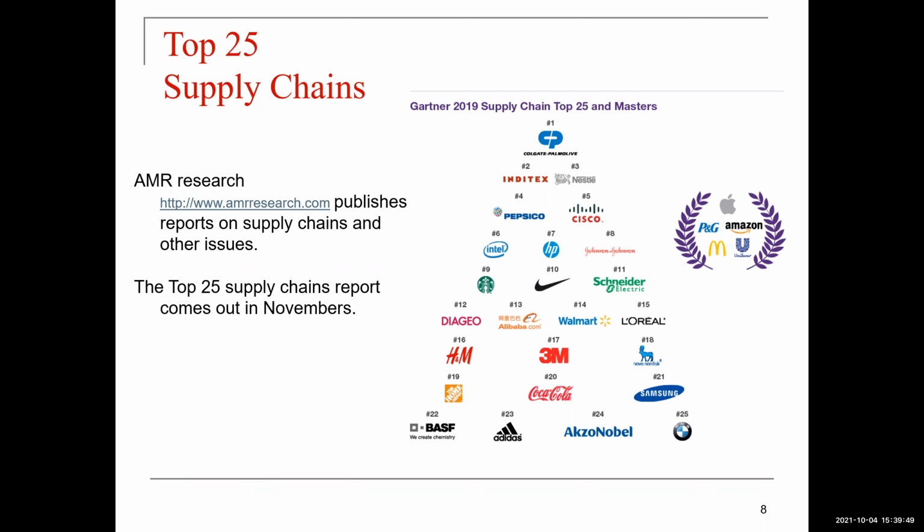So most of them are companies that we are familiar with. These are in terms of the best performance for 2019. We have Colgate, Nestle, Pepsi, Starbucks, and so on. The top 25 supply chains report comes out every November.